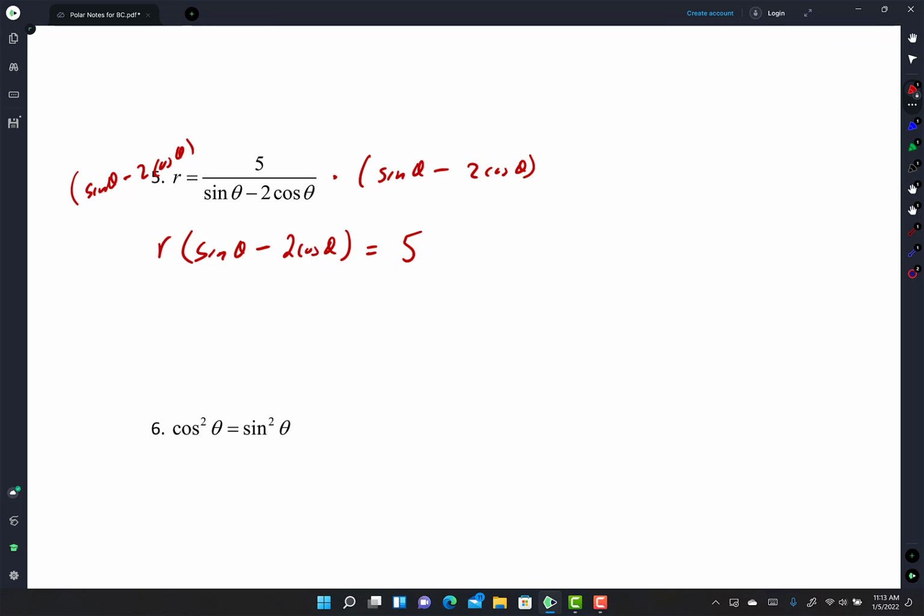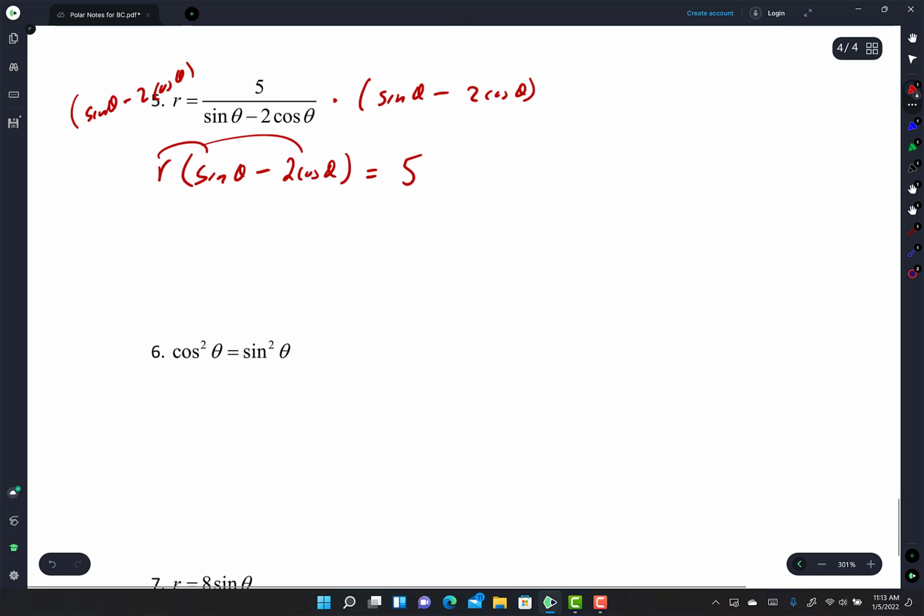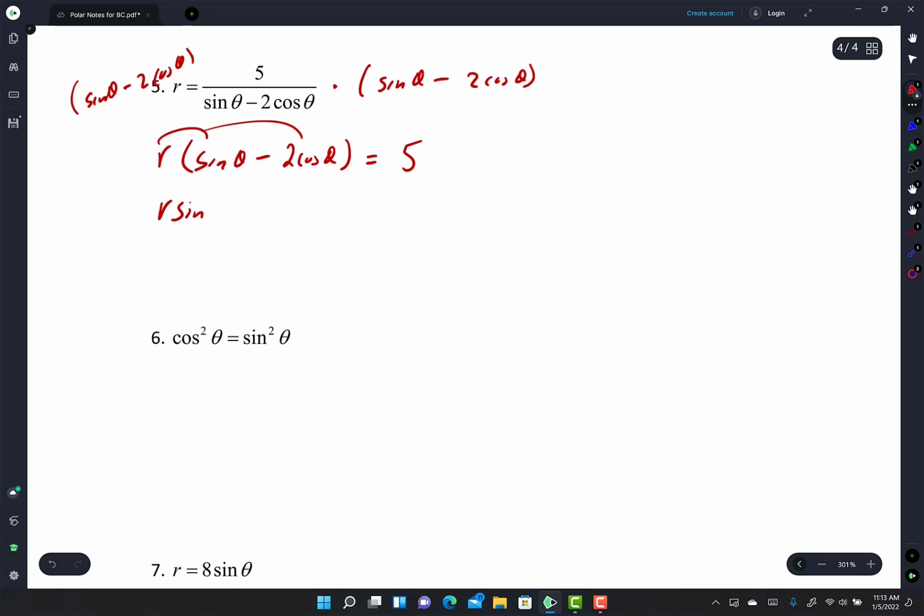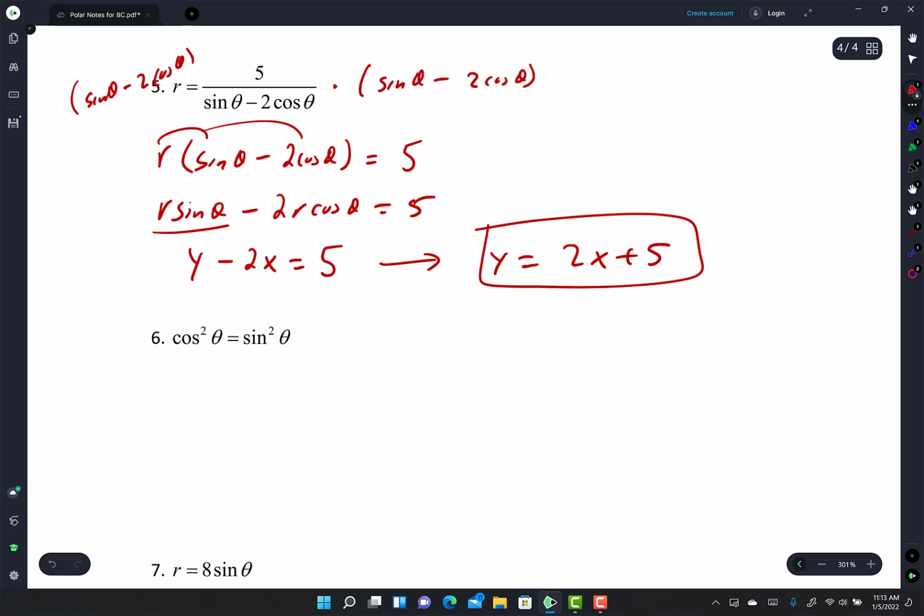We're going to distribute that r. r sine theta minus 2r cosine theta equals 5. And then what do we notice? y minus 2x equals 5. Perfect. There you go. We're still doing all right?